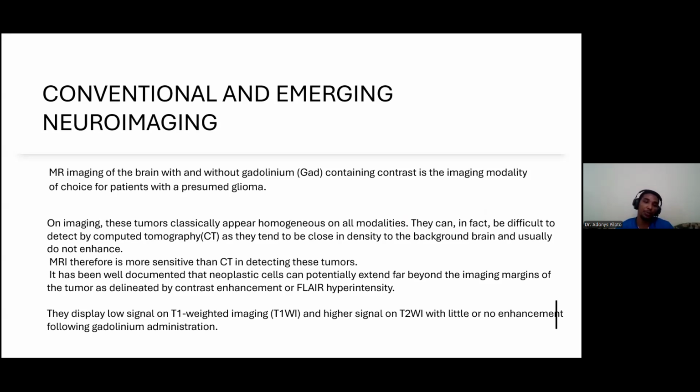They display low signal on T1 images and higher signal on T2, with little or no enhancement following gadolinium administration.